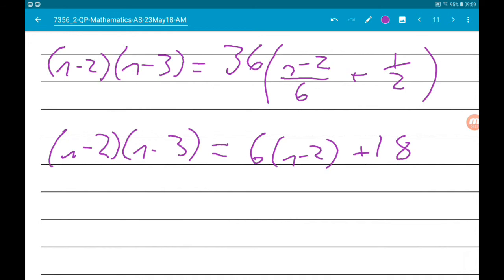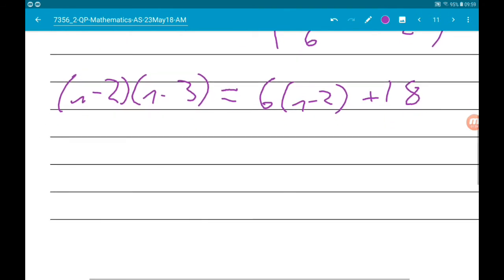So, finally, at this point, we are now down to solving a quadratic equation. So, if we expand on the left, we've got n squared minus 5n add 6.